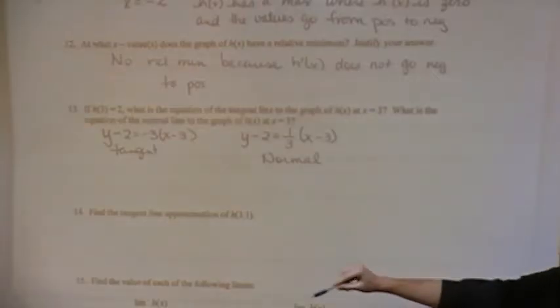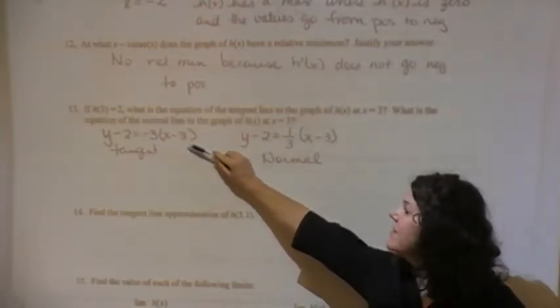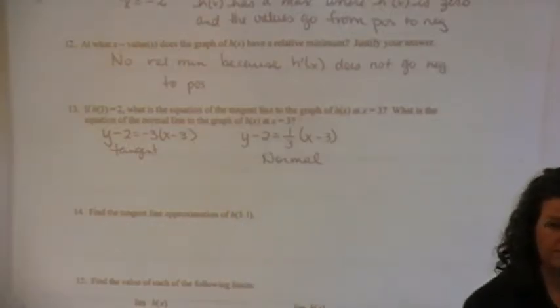Find the tangent line approximation of h of 3.1. So this is what we were doing on the front page. I can use my tangent line to approximate 3.1. That's all they want you to do. Just plug in.